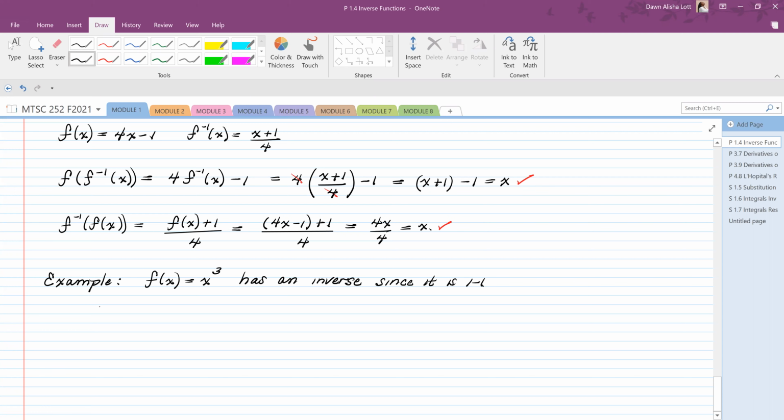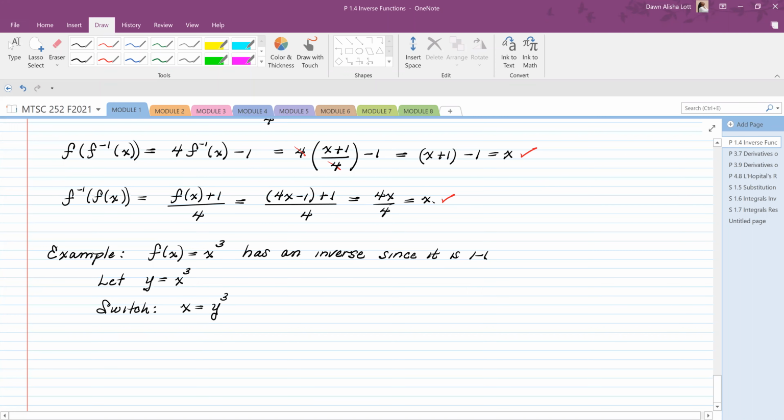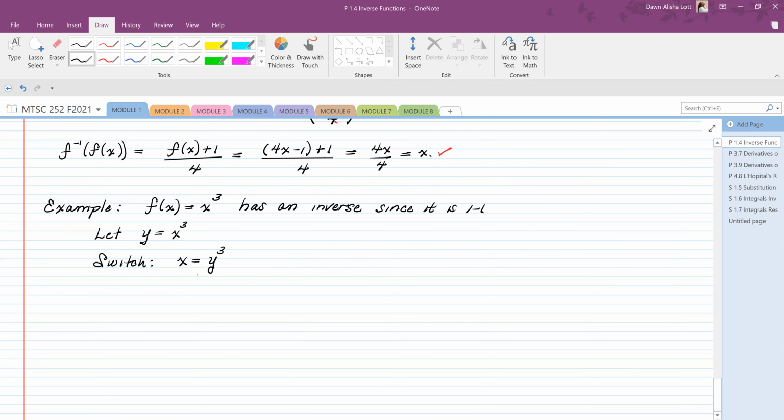Okay, so we're going to let y be x cubed. Now we're going for the switch. We're going to get x is equal to y cubed. And I'm solving for y, so I'm going to take y cubed and raise it to the 1/3 power.